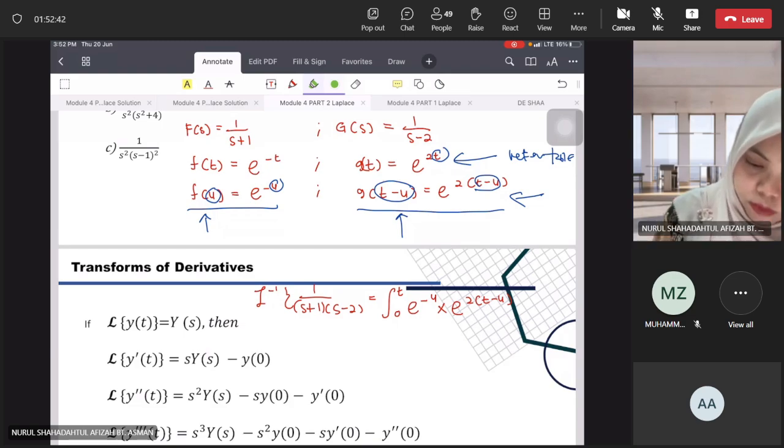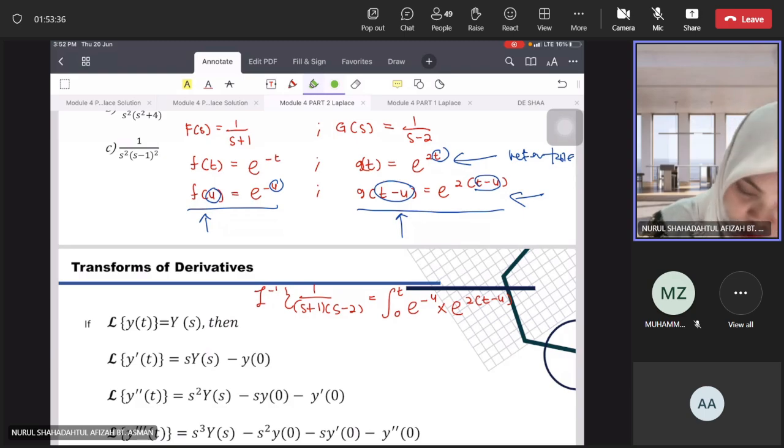Then you will get e to the t, and you integrate e to the negative 3u from 0 to t.